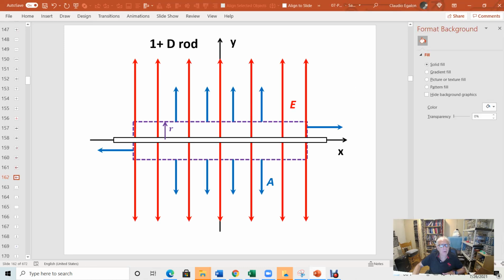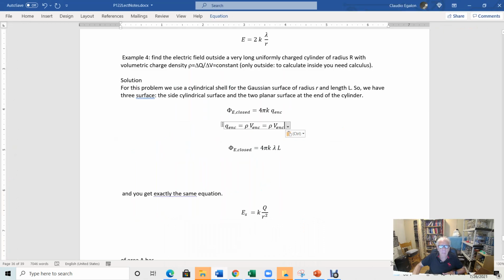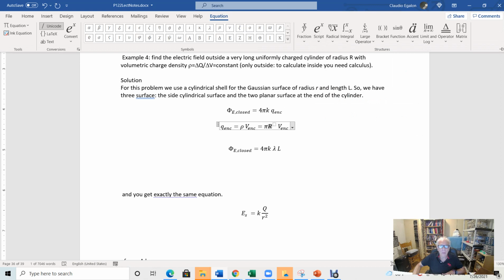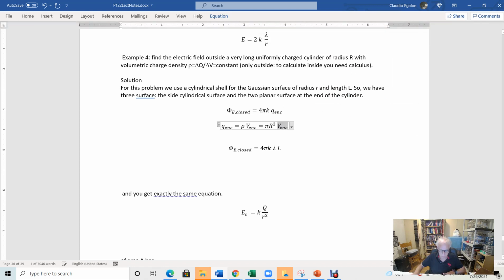Let's take a look here. This guy has radius big R, right? The enclosed volume of the cylinder is pi R squared times L. That's what the volume of the cylinder is all about: area times length.